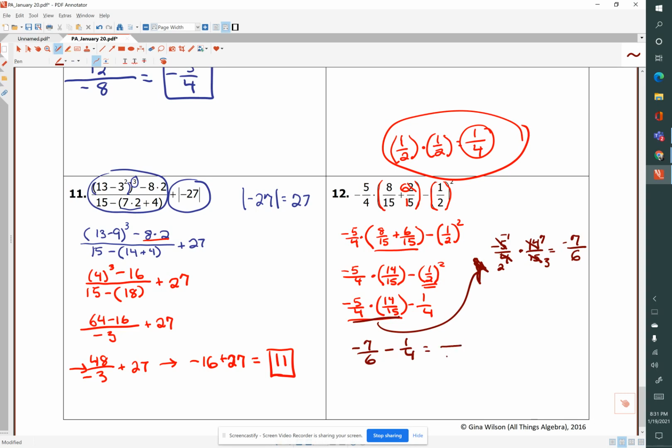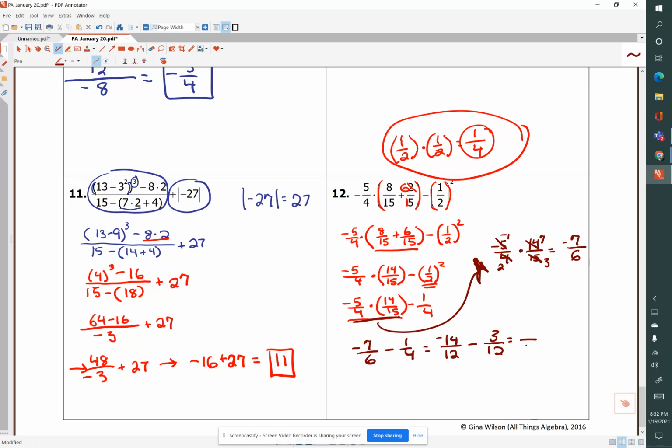We can have a common denominator of 12. 6 goes into 12 2 times. -7 times 2 is -14. 4 can be divided into 12 3 times. 3 times 1 is 3. So now we've got -14/12 minus 3/12.